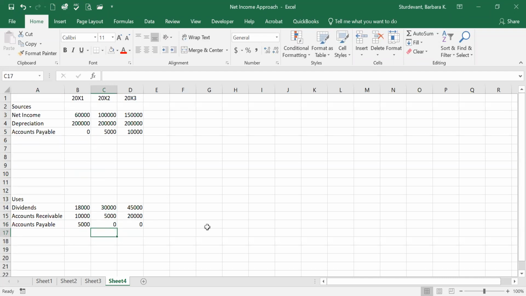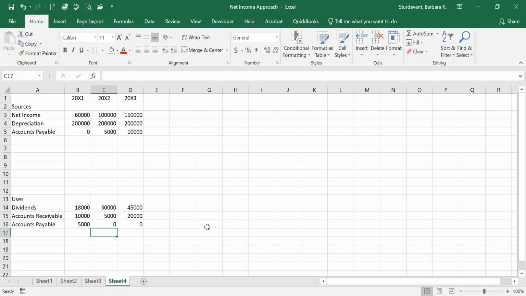Same thing as cash flow. For current asset increases, cash flow decreases. For current asset decreases, cash flow increases. Current liabilities are the same. If they increase, cash flow increases. If they decrease, cash flow decreases. Questions on those?